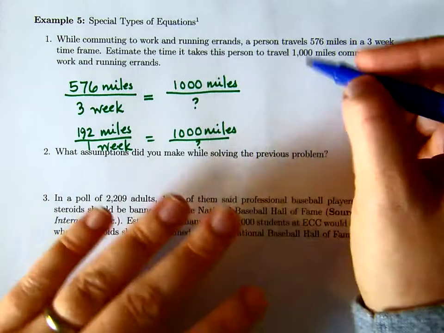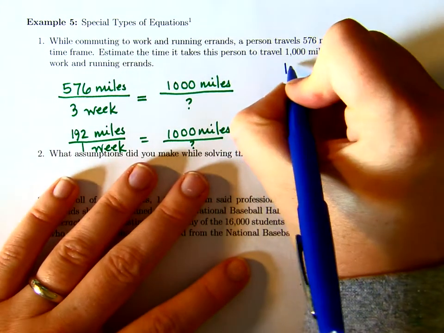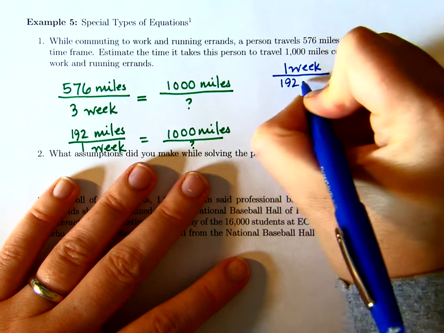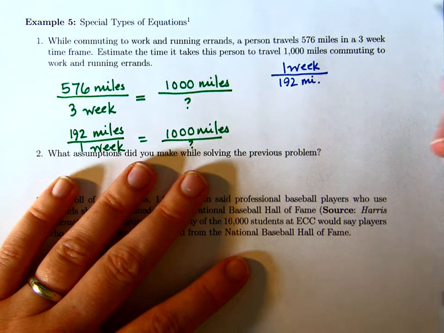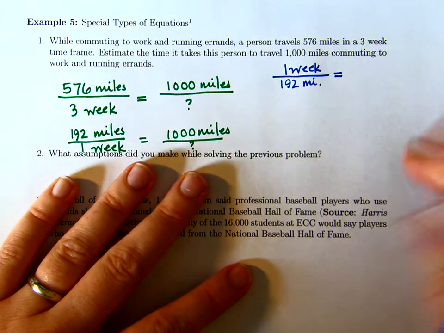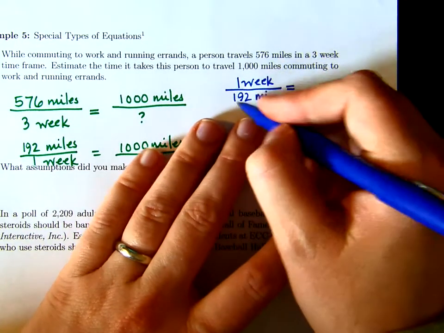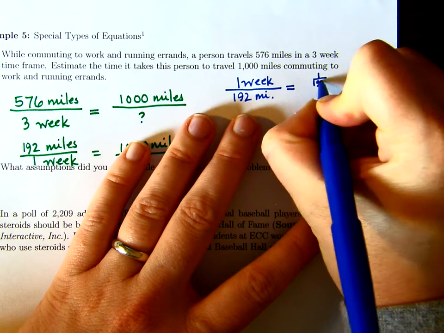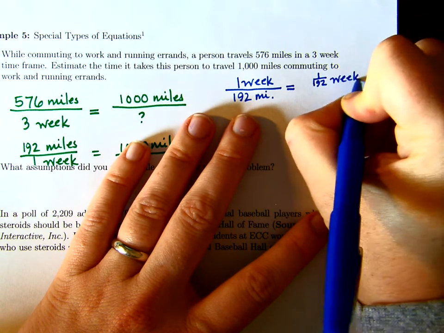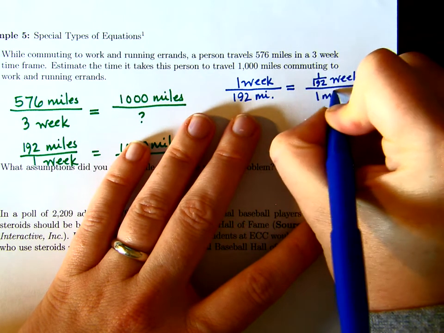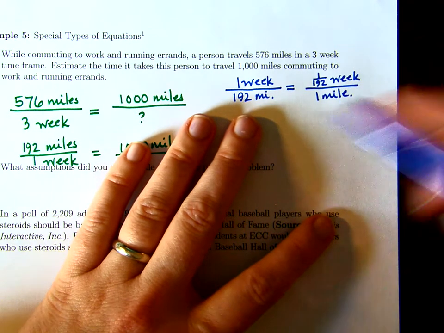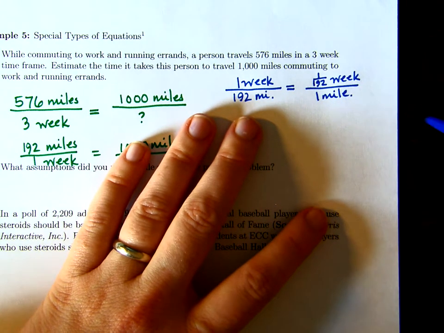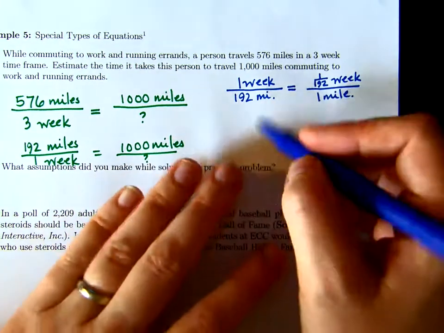If it takes 1 week to travel 192 miles. Okay. Then we could scale both of these down by 192. 192th of a week for 1 mile. So they scaled this down to make it a unit ratio in terms of 1 mile, and then they scaled this up by 1,000. I was like, dang.